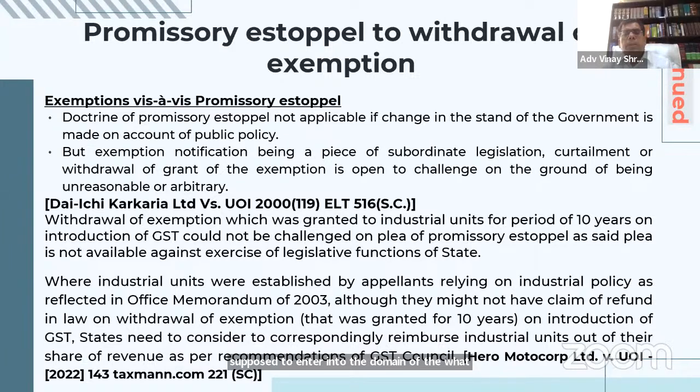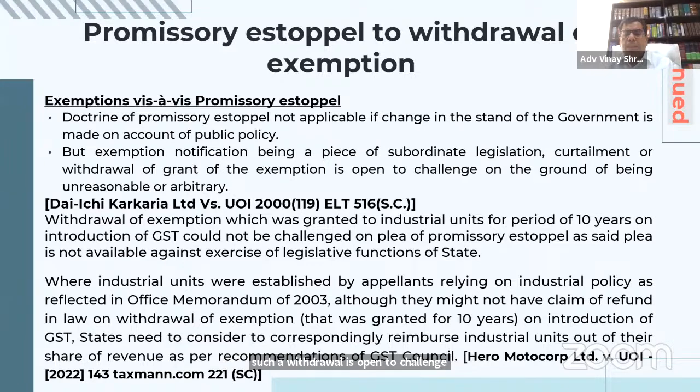But at the same time, if such withdrawal is arbitrary or unreasonable and not in the public interest, because the granting of the exemption is on account of the public interest or benefit of the particular purpose, so withdrawal also should be in public interest. If government fails to demonstrate that the withdrawal is for the public benefit at large, and it is arbitrary and unreasonable, then in that scenario, such a withdrawal is open to challenge.